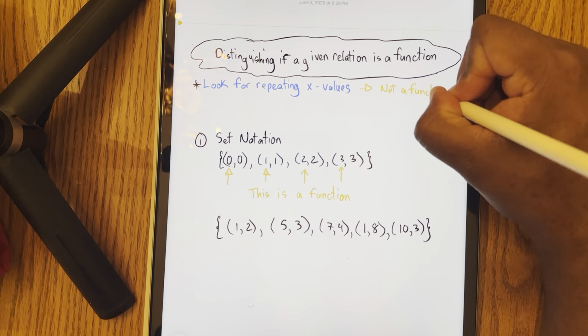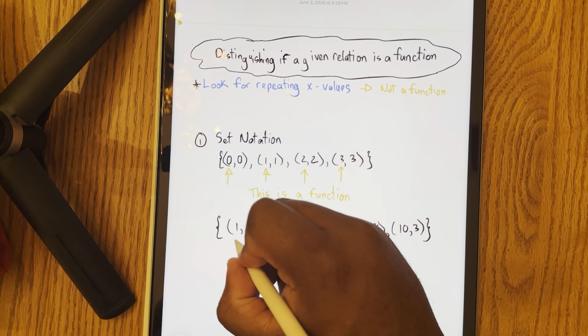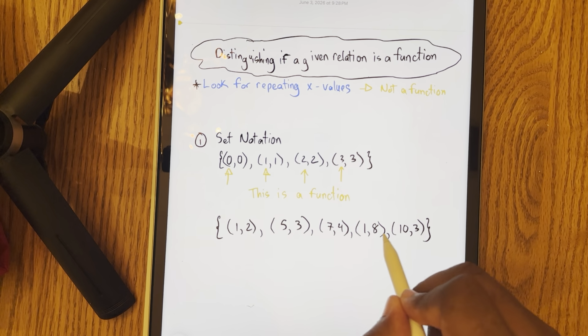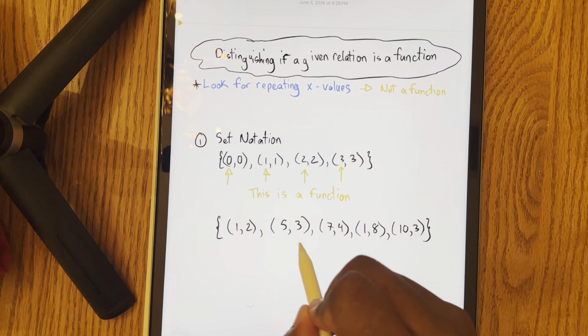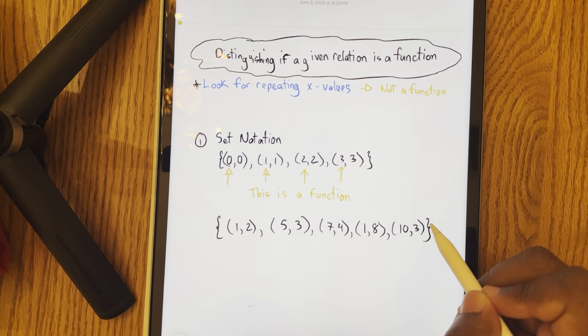Okay, so let's look at the second example. We have 5 coordinates: a 1, 2, a 5, 3, a 7, 4, a 1, 8, and a 10, 3.